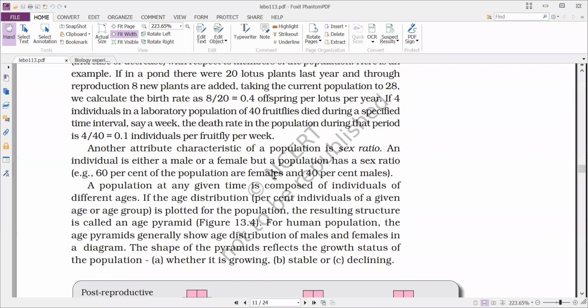That is, the number of new individuals added to the initial population, divided by the initial population, gives the birth rate. And how many organisms have undergone death relative to the initial population in a particular period of time gives the death rate.